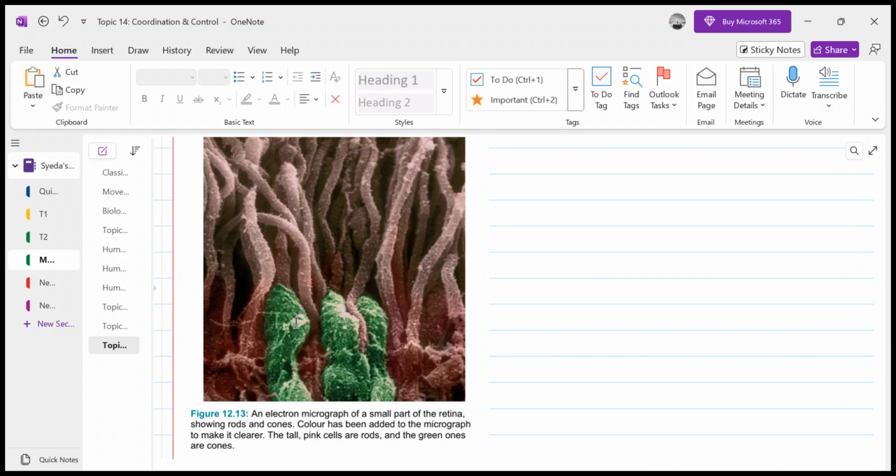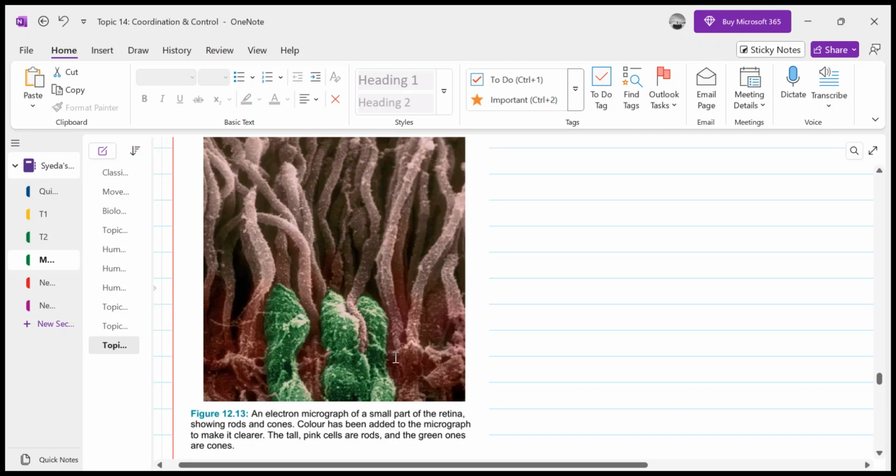So you can see that the tall pink cells are the rods. These rod cells can only sense dim light. Now the cones cannot sense dim light. Cones do not work in darkness or dim light, just as rods do not work in bright light. And the green ones are the cones, right?